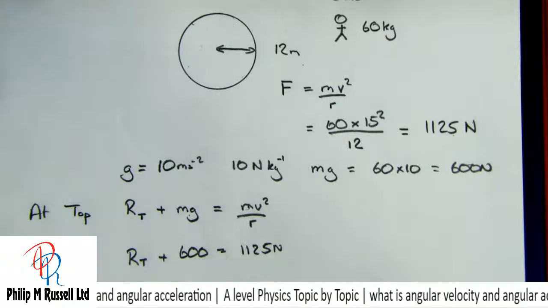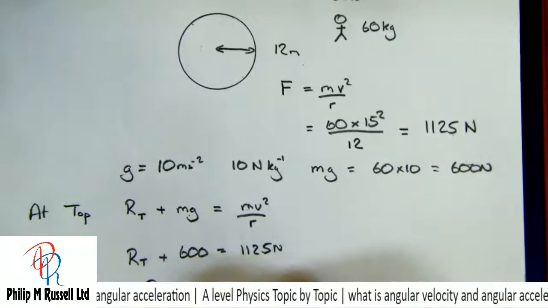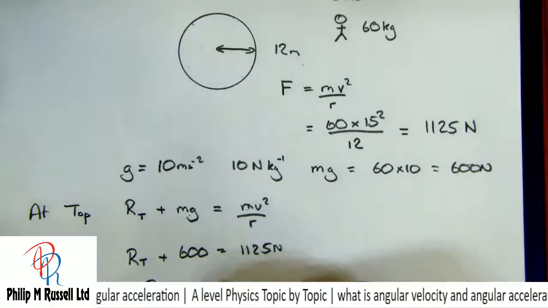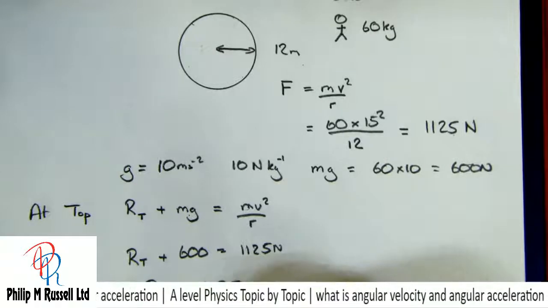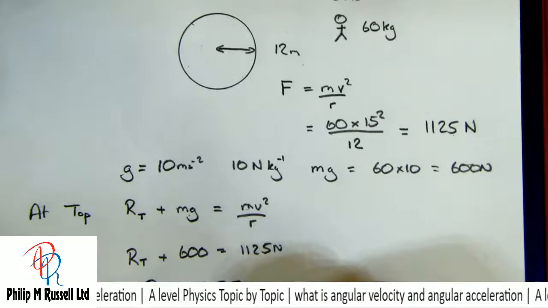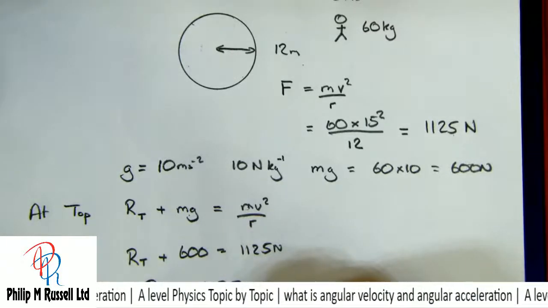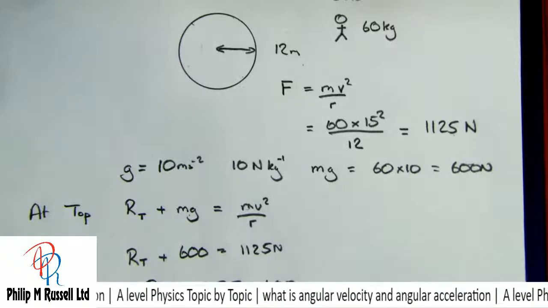And so this is going to give me my RT, which is simply going to be my number 1125 minus my 600.